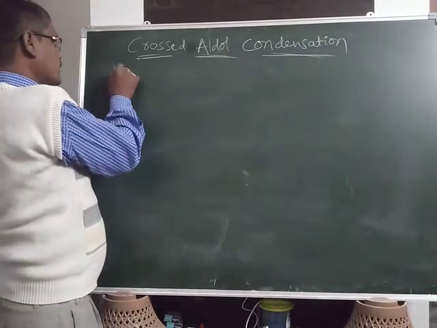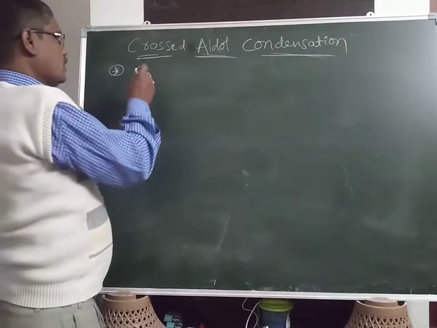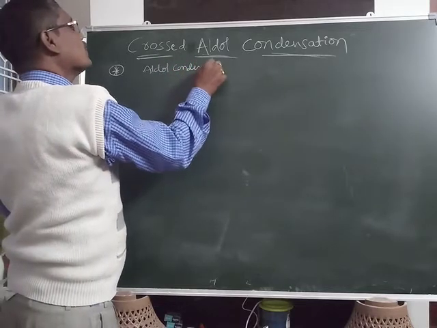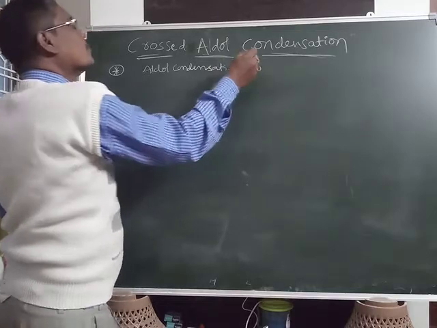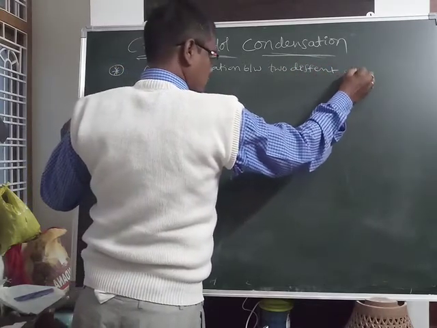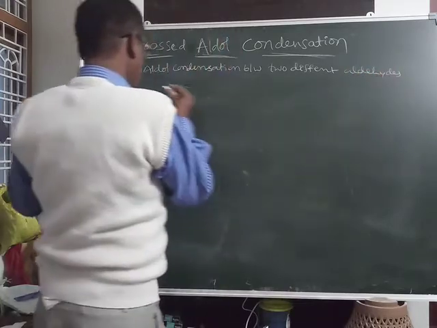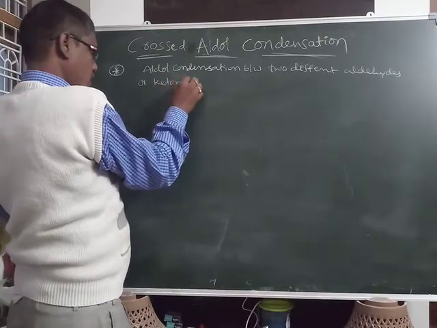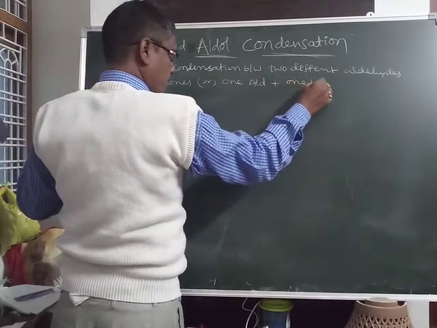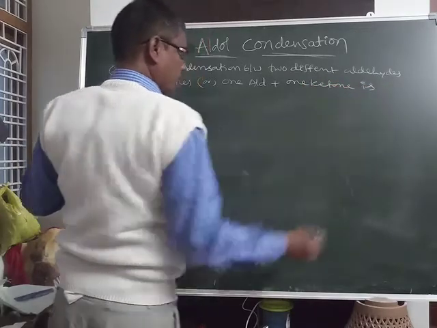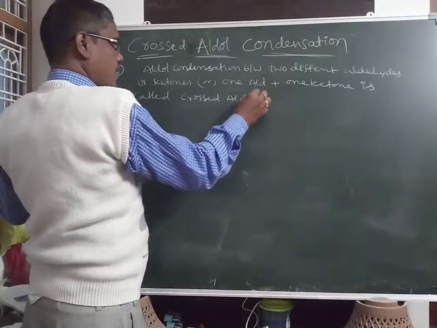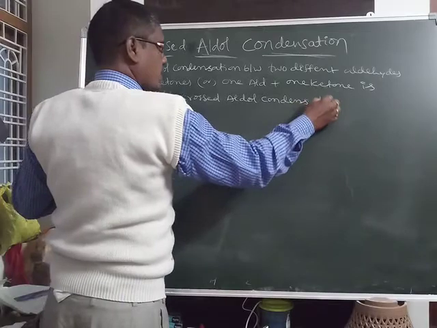The definition of crossed aldol condensation is: aldol condensation between two different aldehydes or ketones, or one aldehyde plus one ketone, is called crossed aldol condensation.